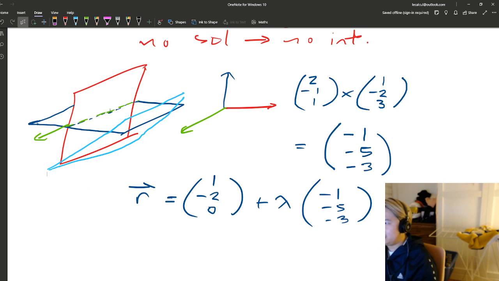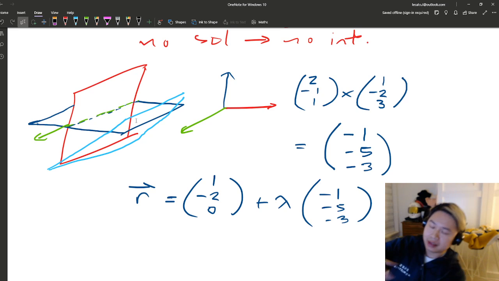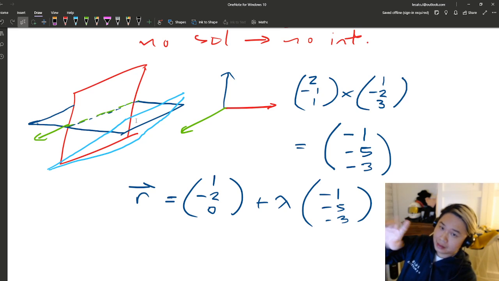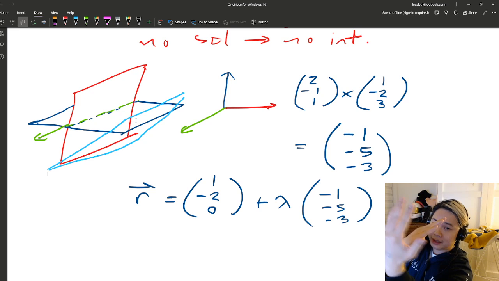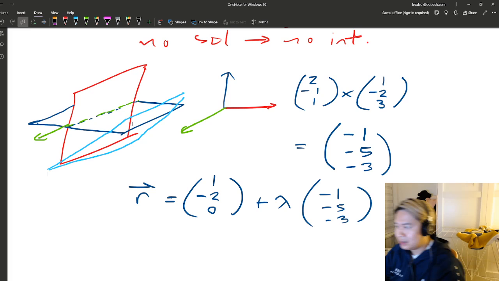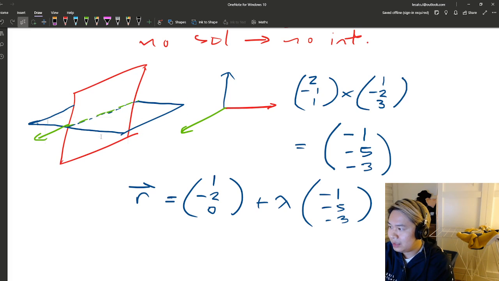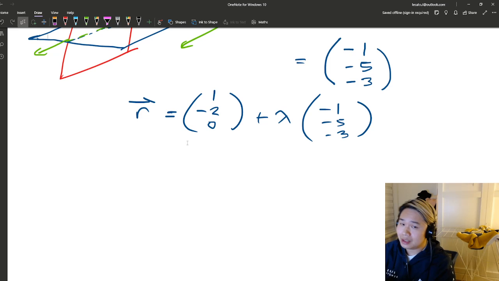But either way, this green line is going to be a fixed, this is the main point. The green line is always going to be a fixed distance away from the third plane, no matter how you orient the plane, because you know that it doesn't intersect the other two planes at the same place. That's the main point I'm trying to make.